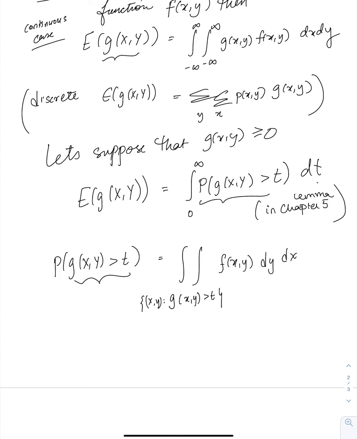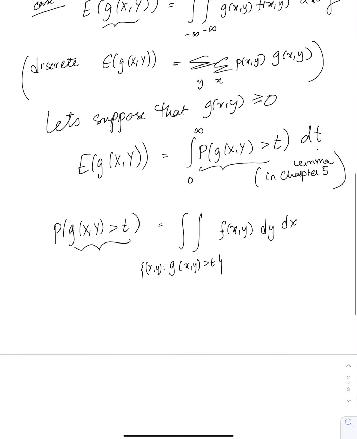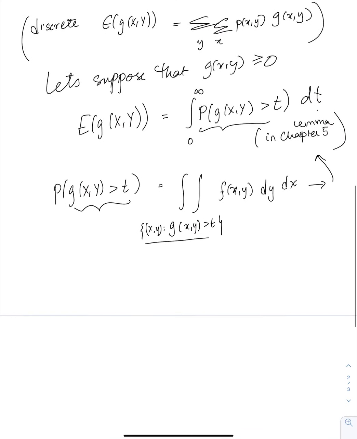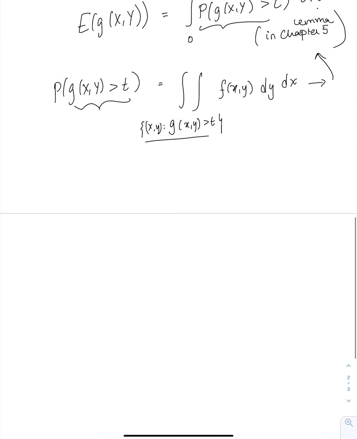Correct? Okay. So you're looking at the points x and y, the subset of R2 where g of x,y is bigger than t. Now let's take this and put it into that to write down what the expectation of g of x,y is. So you have the expectation of g of x,y will be the integral from 0 to infinity of the probability g of x,y is bigger than t.